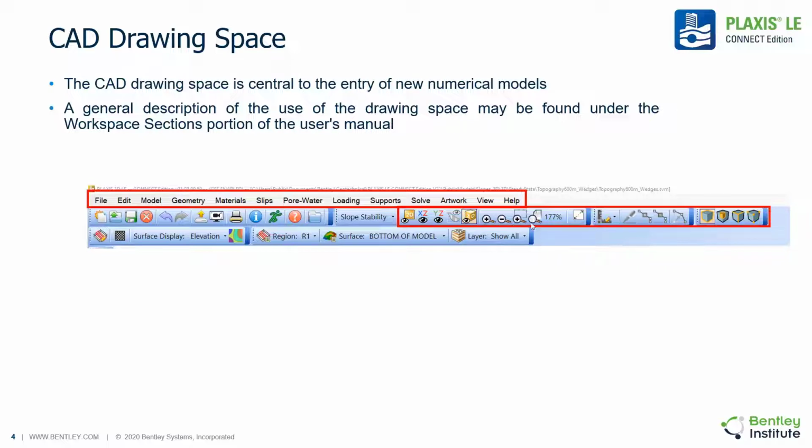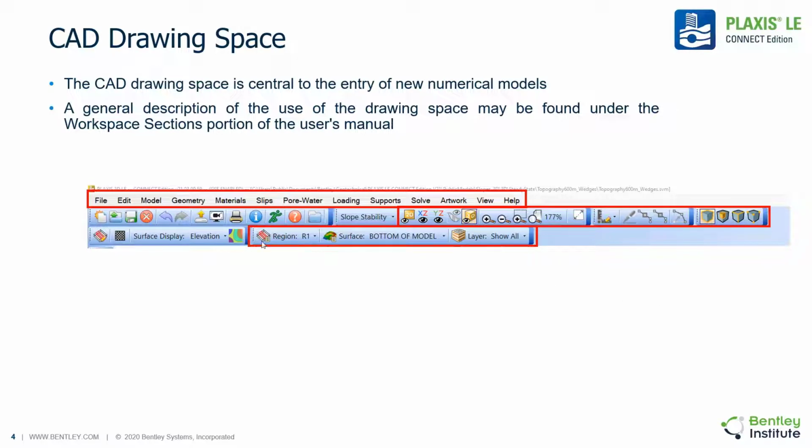Also, we can zoom in or zoom out the model, and especially in this portion is how we can select things on the drawing space. I can select based on points, as we see here, or based on lines, depending on the action that we are looking for, and find how the selection will look.